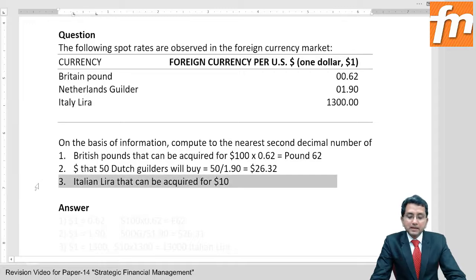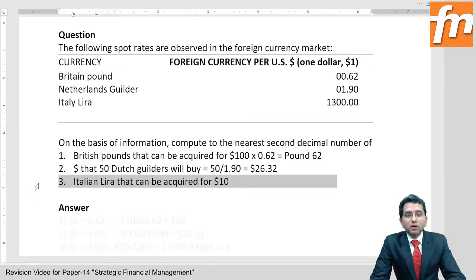Next, the Italian lira that can be acquired for $10. You want to convert dollars into Italian lira, so you need a rate for $1. If the rate for $1 is available, multiply by the rate. But if the rate for 1 lira is available, divide by the rate.